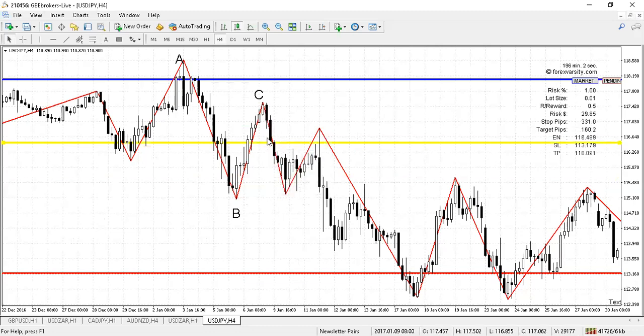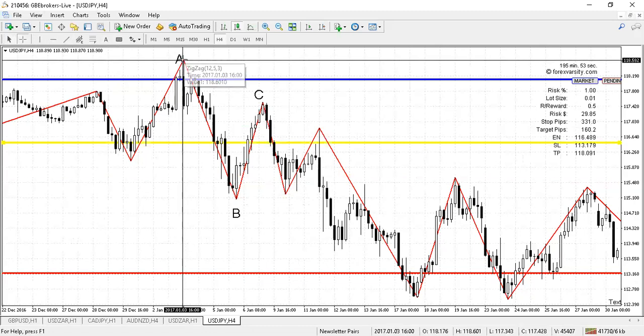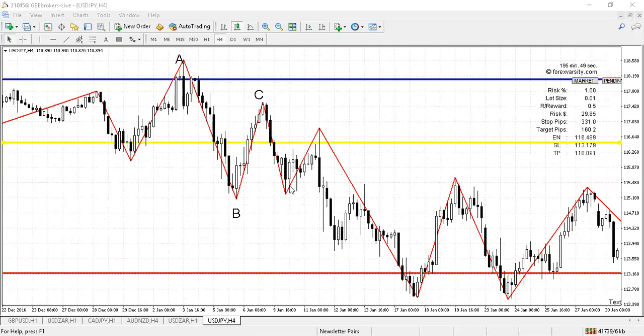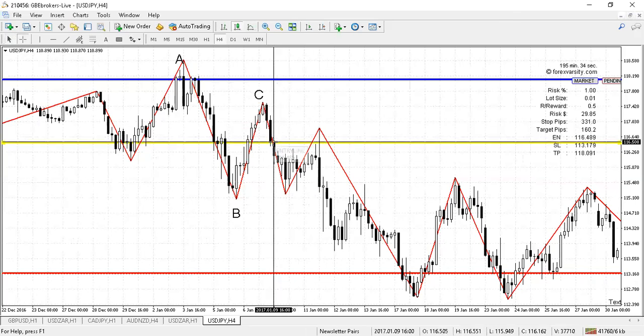Then what you would do again is get your crosshair tool from A right through to your entry point, which is 209 pips. Get your calculator, 209 times 0.4, it's 83.6, call it 84 pips. And then you take your crosshair and you do your stop loss 84 pips above, which is about there.